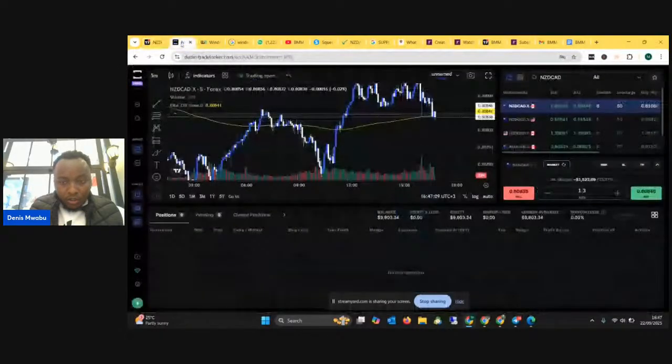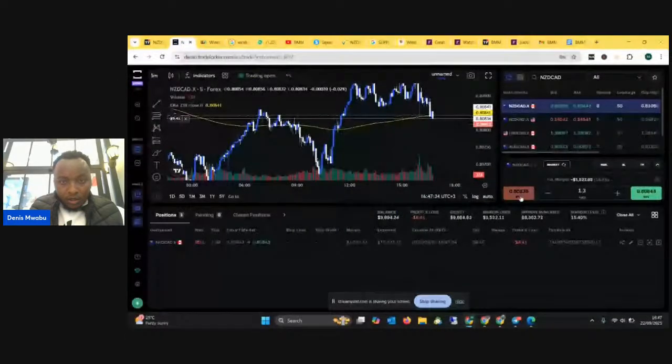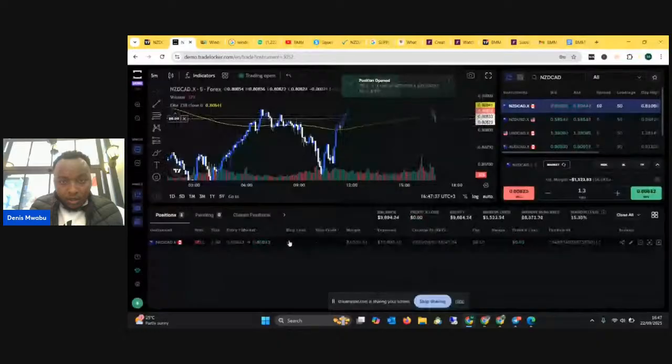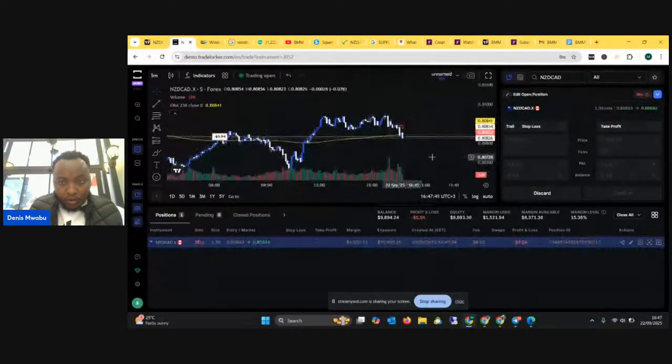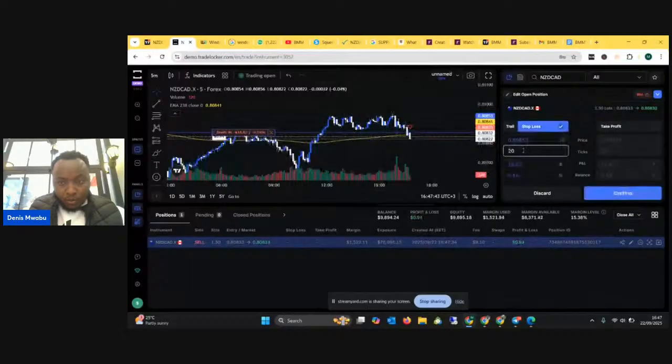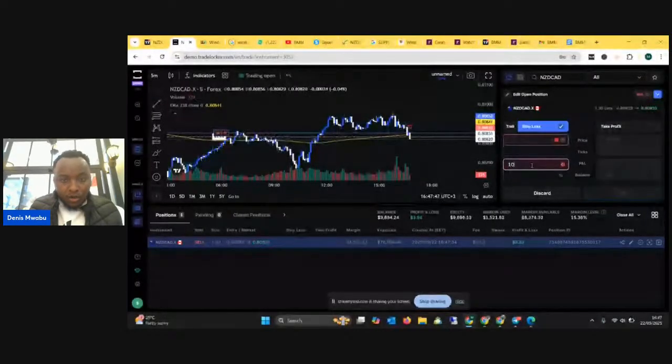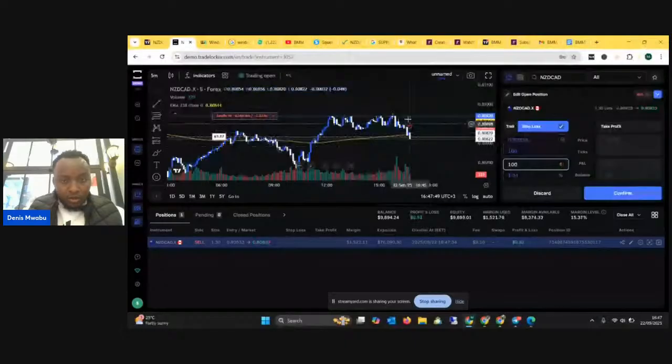I'm getting into the sell. Watch where my stop loss is. I'm risking 1% of my account, so I'll be risking $100. That is an NZD CAD trade idea that we have just shorted there.